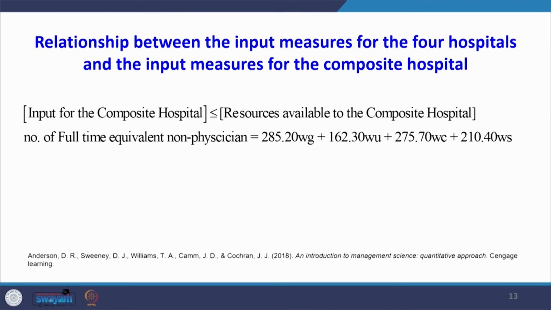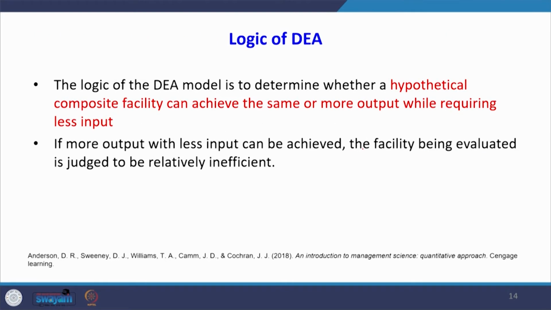So, for example, the number of full time equivalent non-physicians for the composite hospital is 285.20 Wg, 162.30 Wu, 275.70 Wc plus 210.40 Ws. This is the composite input. So, the logic of DEA is to determine whether a hypothetical composite facility can achieve the same or more output while requiring less input.